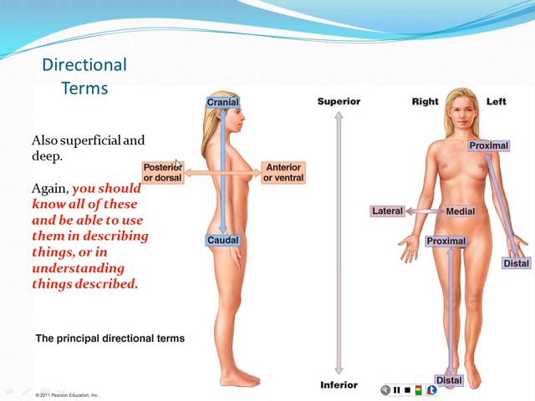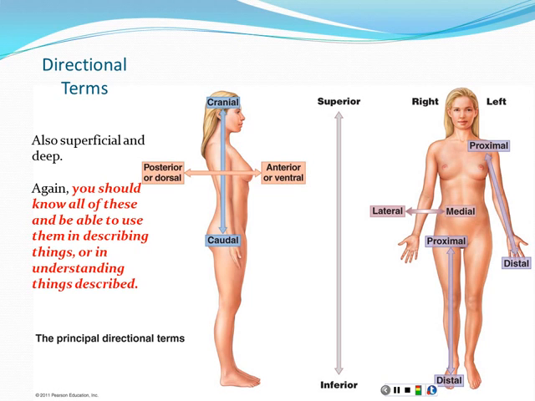Anterior and posterior we already talked about, but there's another word for front and back. In the human being, because we stand upright, anterior and ventral are synonyms. So ventral technically means towards the belly. Now our belly is in the front. So ventral is toward the belly, dorsal is towards the back.